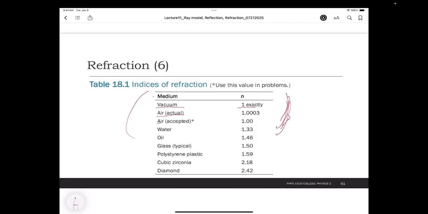We usually use 1, the same as in a vacuum, in some problems. And this is water, some oil, gas, glass typically, and this is some plastic. This is some zirconia and some diamond. These are some common indices of refraction we usually use.